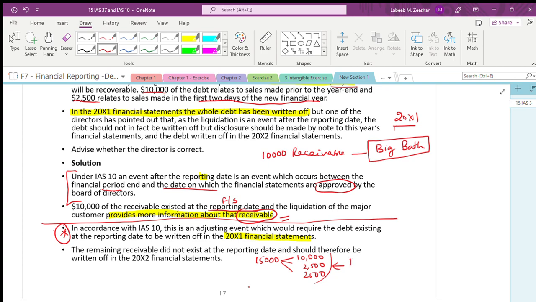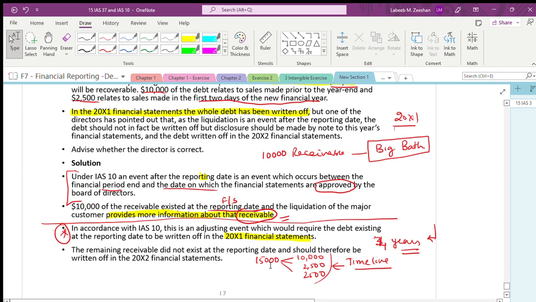And you have to give a timeline. Usually the rule says in general that you can carry forward the bad debts for 4 years, and after that only you can write it off.